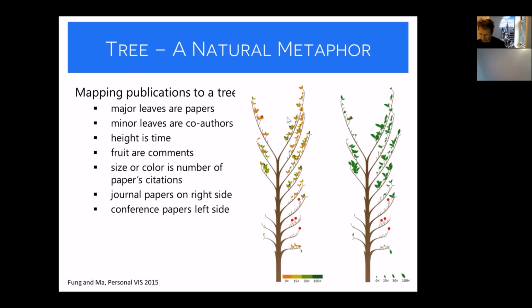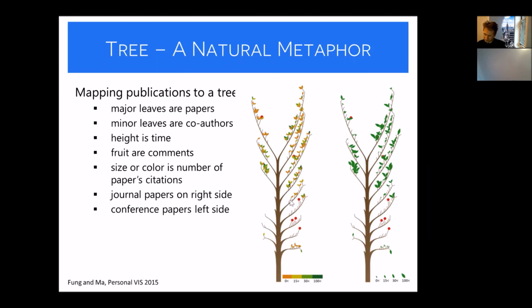So this is the recent stuff, and this is the earlier stuff, right? Fruit are the comments. So if you got more comments, it looks more. The paper size or color is the number of citations. So I'm not sure if it's the green or the red that has more citations. I think the green. And journal papers on the right and conference papers on the left.